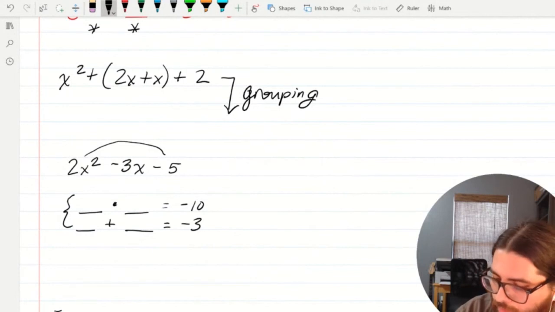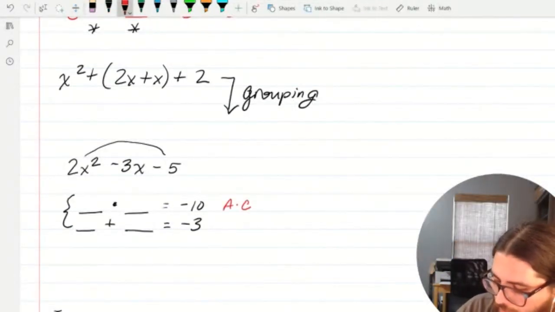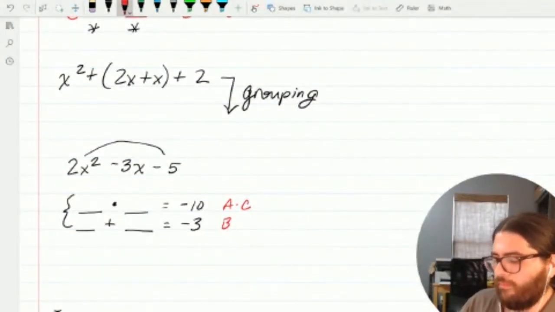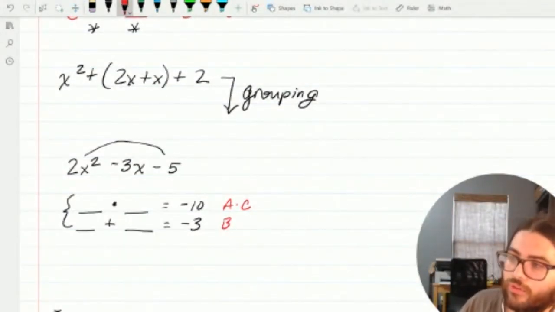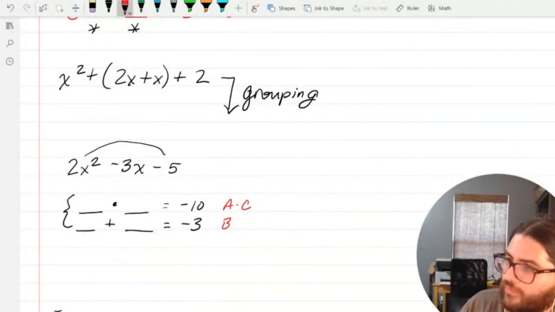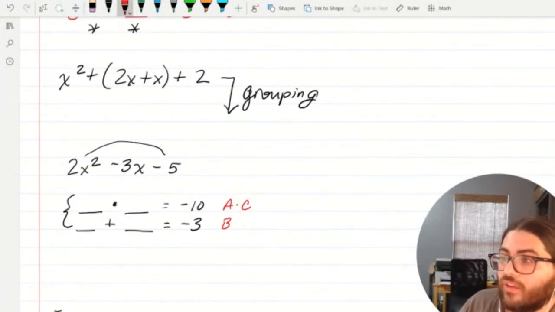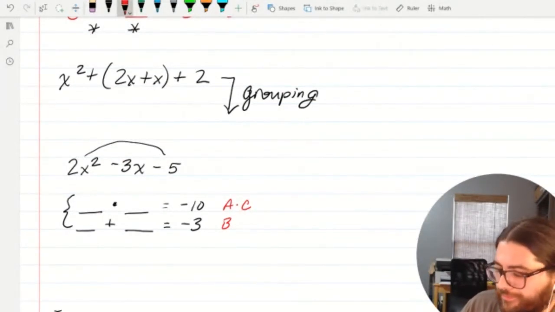Remember, that's the B number. And if I can solve this little puzzle, then I can factor. If this little puzzle cannot be solved, and that will happen sometimes, that means that this cannot be factored.